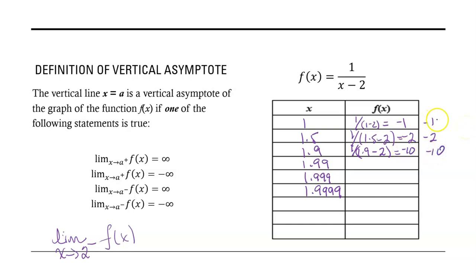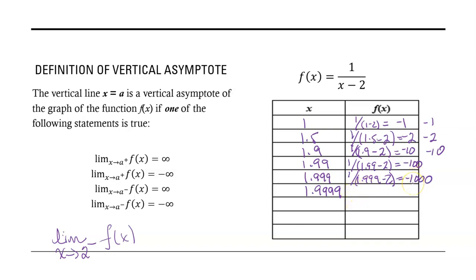So notice as we're getting closer and closer to 2, we've gone from negative 1, negative 2, negative 10. Continuing, we will get 1 over 1.99 minus 2. So that's 1 over negative 1/100, so that'll be negative 100. Then we have 1 over 1.999 minus 2, which equals negative 1,000.